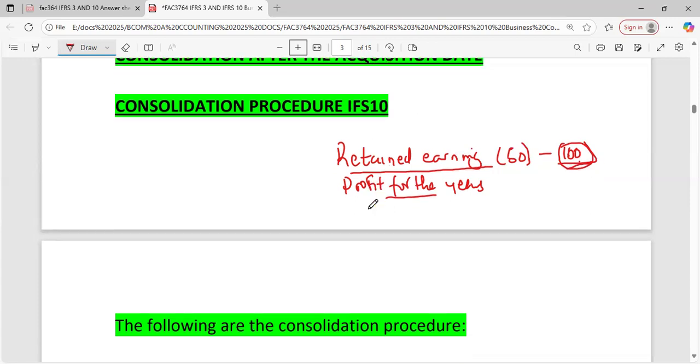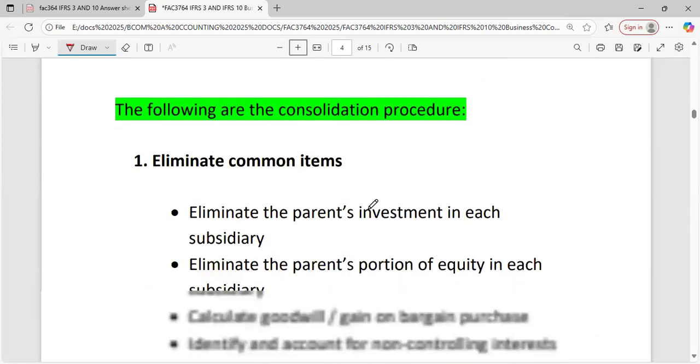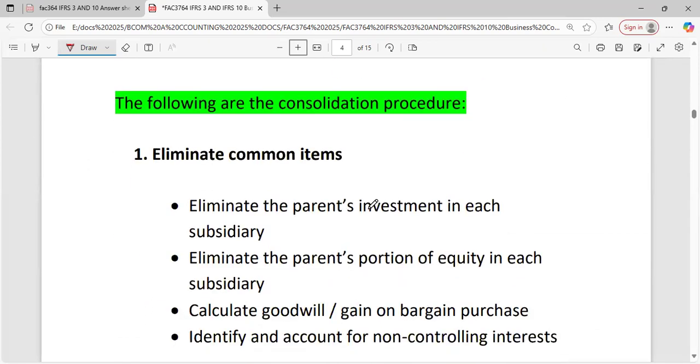Right, so let's see the procedure. When we are doing our consolidation, the first thing is to eliminate common items. We are going to eliminate the parent's investment in each subsidiary, and eliminate the parent's portion of equity in each subsidiary.